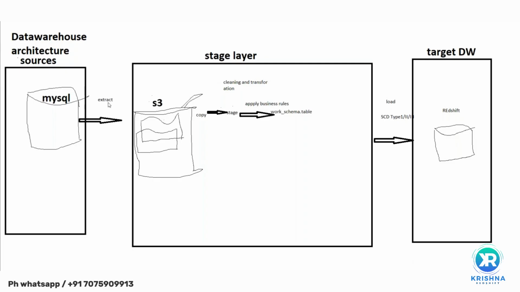From source you will extract. This is called ETL, extract. And in the stage layer you will transform. You will clean the data, filtering unnecessary transactions, failed transactions, and redundant, meaning duplicate, transactions, and apply business rules. That all will happen in the stage layer.